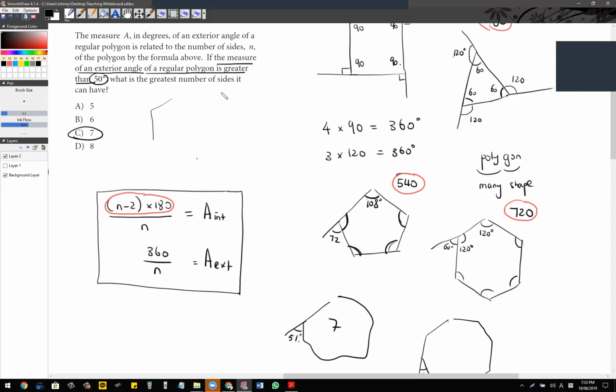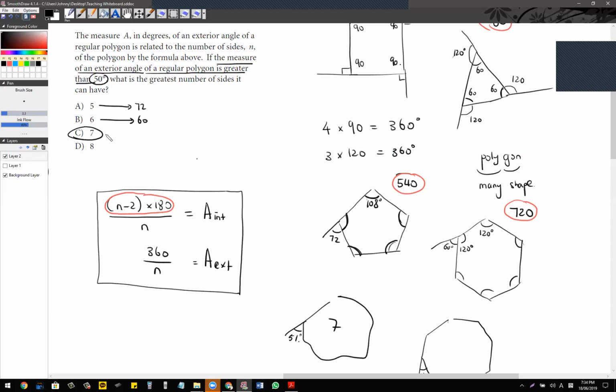So you can just try this by trial and error. Plug in 5, plug in 6, plug in 7, see what the angles are. So if you have 5 sides, the exterior angle is 72.